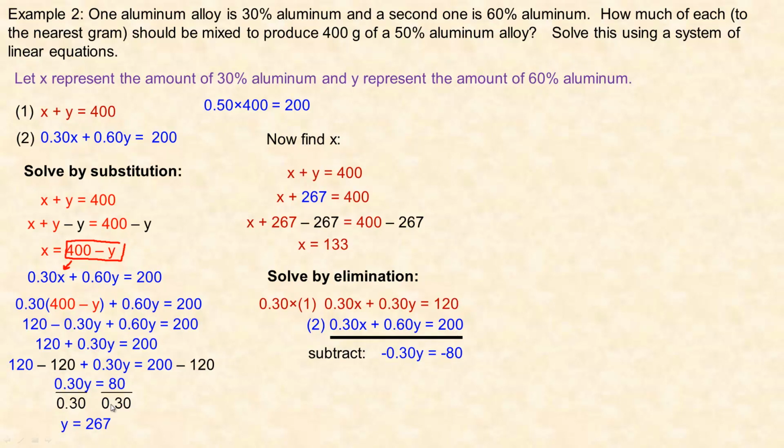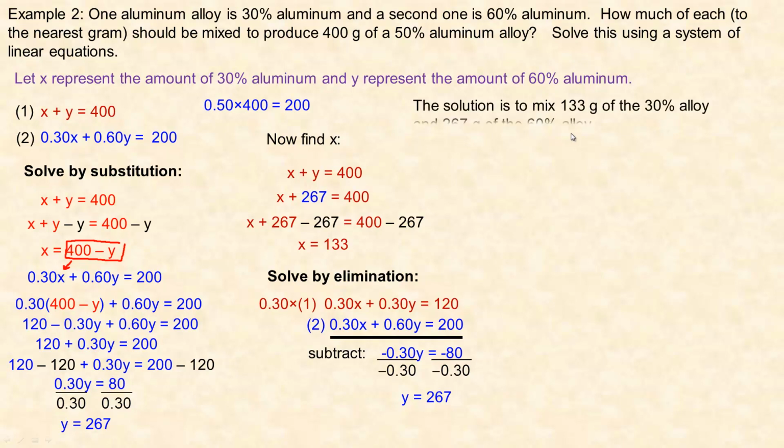Again, very similar to what we have over here, just the signs reversed. So we would divide out the negative 0.30, and we get y to be 267, just like we did down here. So now that I have 267, I would want to find x, and just like in example 1, this part would be the same. We would substitute 267 in here and find that x is 133, just like we did for the substitution.